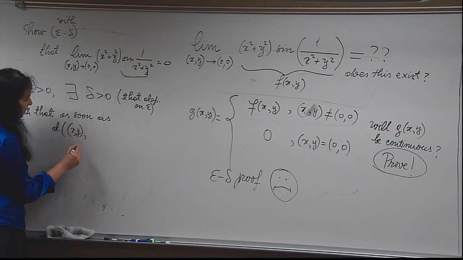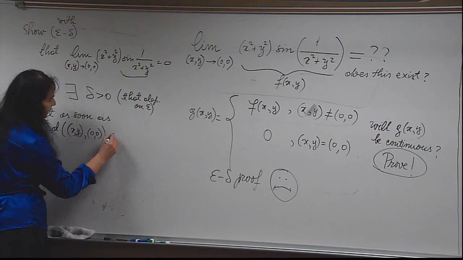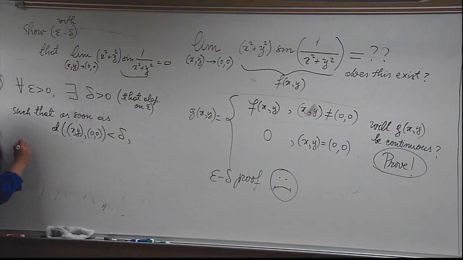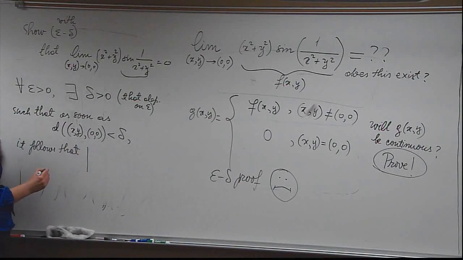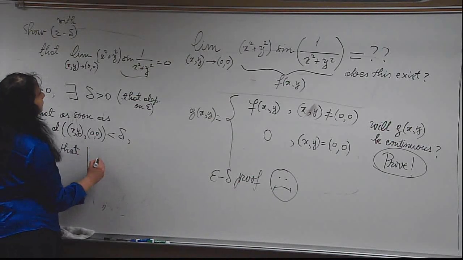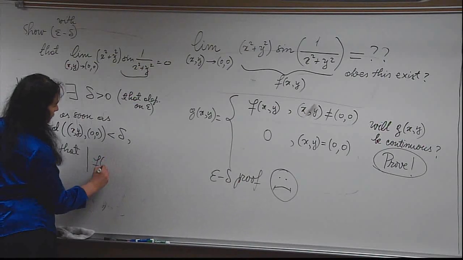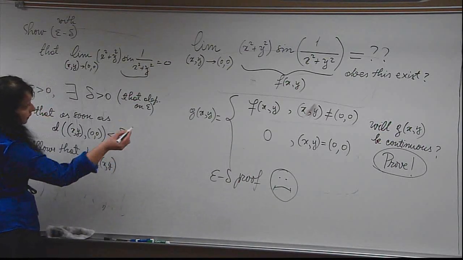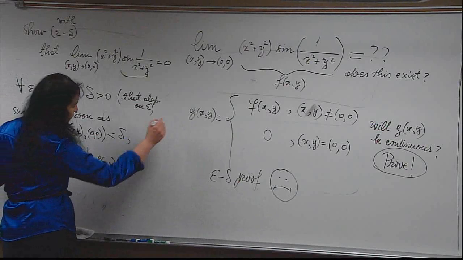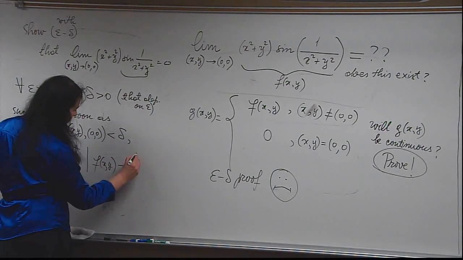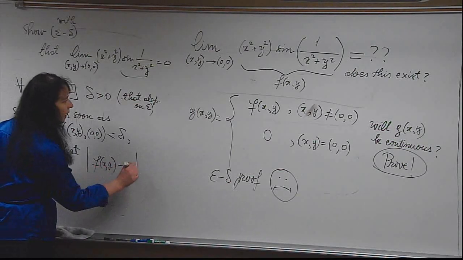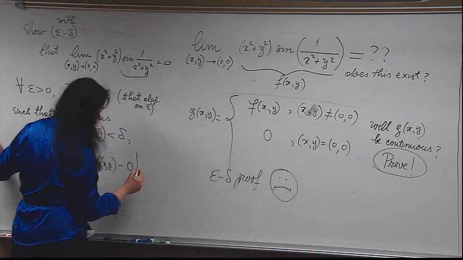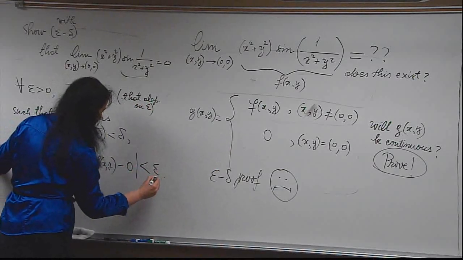Distance between the point (x, y) and the origin is less than delta, it follows that the absolute value, these are all real numbers, of f of (x, y), or g of (x, y), f of (x, y) is the extension, f of (x, y) minus 0, which I claim to be the limit, will be less than epsilon.